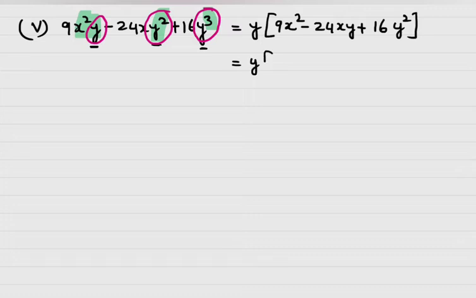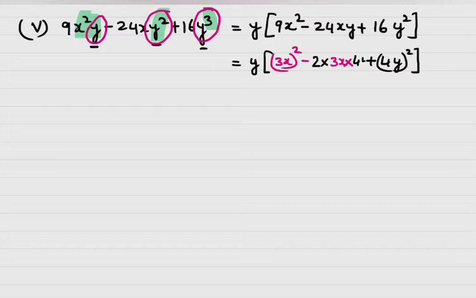And now you can easily do it. Suppose you take 9x square as 3x whole square, minus 24xy, you leave this term and you write down this end term. This will be 4y whole square. Now for the middle term, if you write, see you are getting a square plus b square. If you write minus 2ab, your a is 3x and your b is 4y.